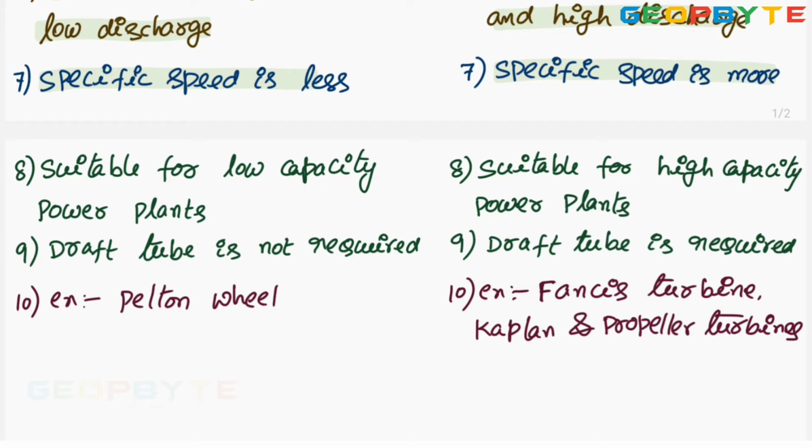Come to the next difference. Impulse turbines are suitable for low capacity power plants, whereas reaction turbines are suitable for high capacity power plants.